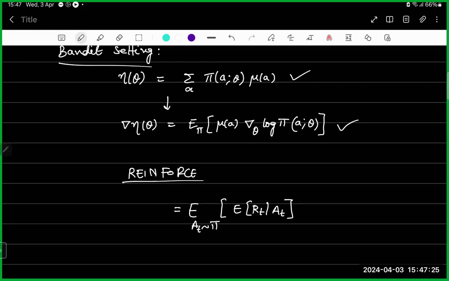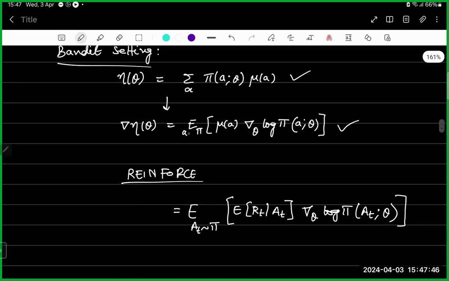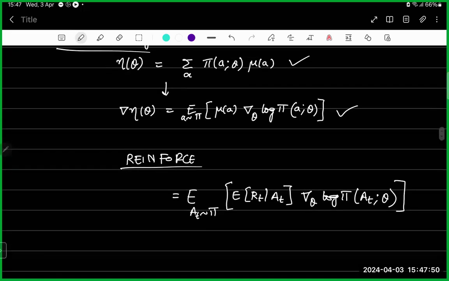And when AT is sampled according to this, then mu of A is nothing but expected RT given AT. And we had this. So instead of writing A given A is sampled according to pi, I'm just writing it as AT is sampled according to pi.